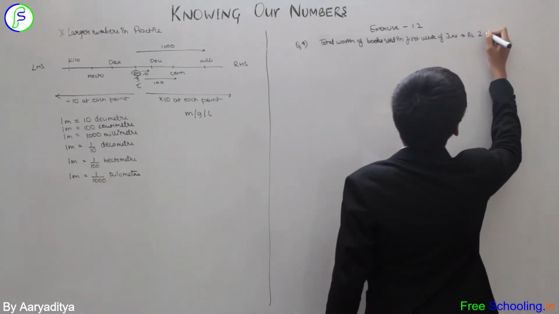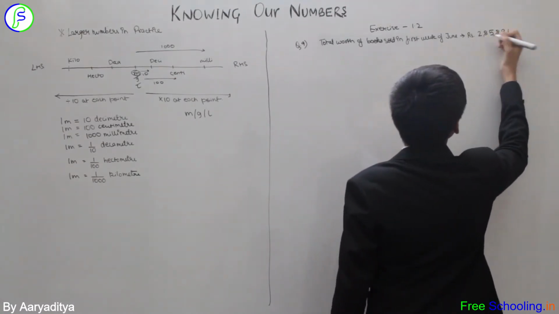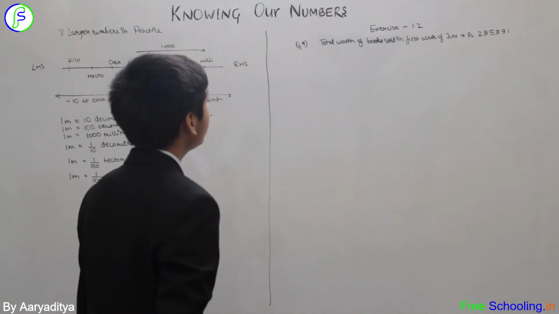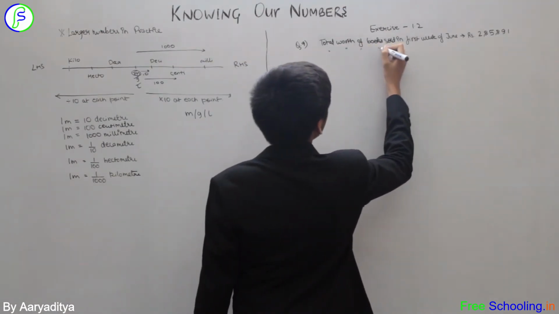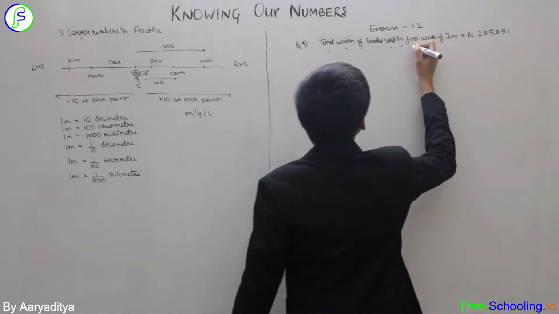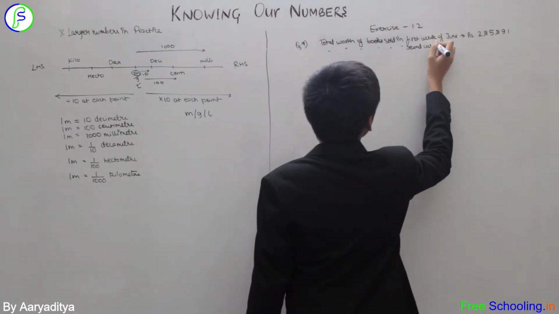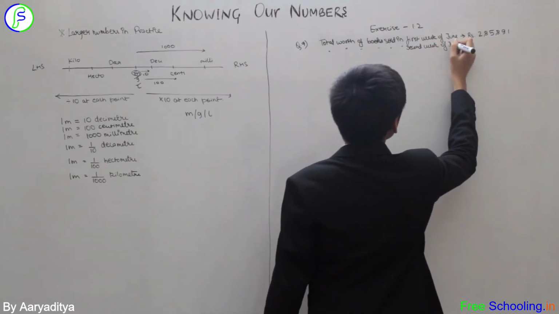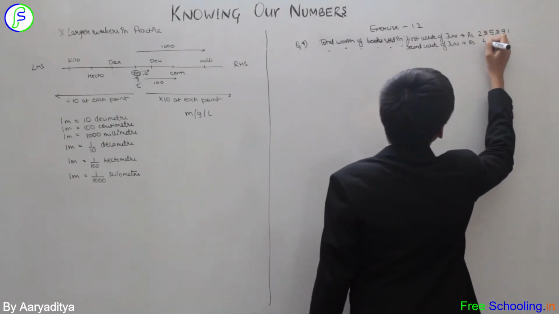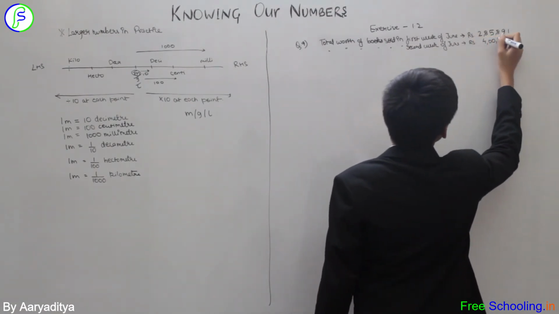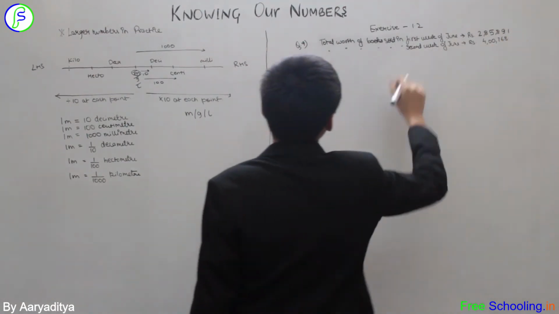It was 285,891. Okay, so this was the worth, and total worth of books sold in second week of June. How much? We get 4,00768. So this was the total worth of the books sold in the second week of June.